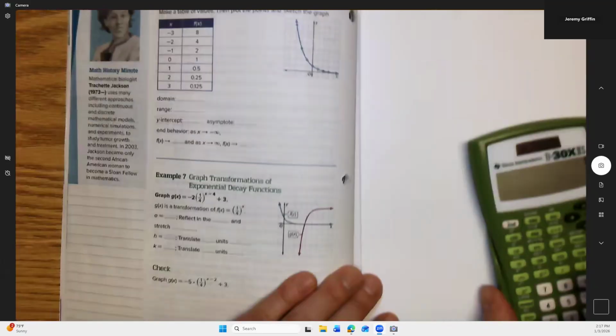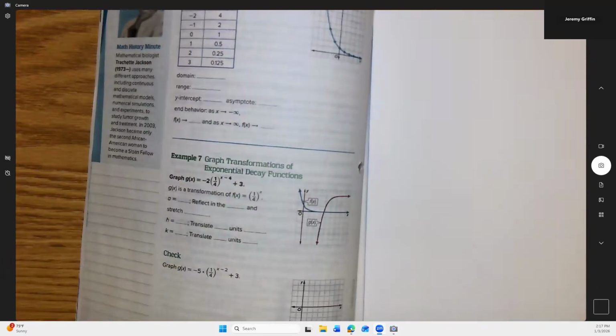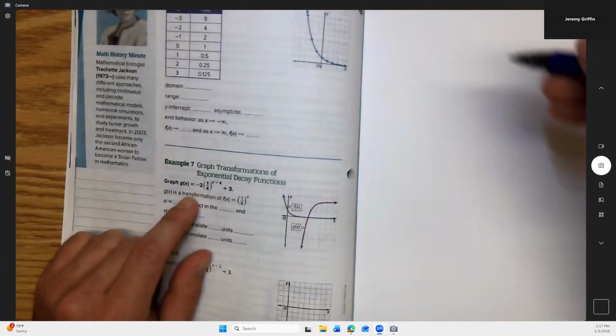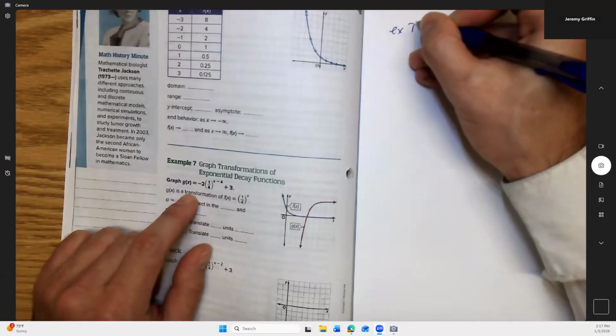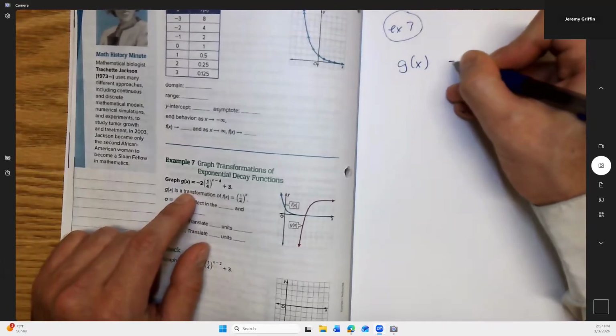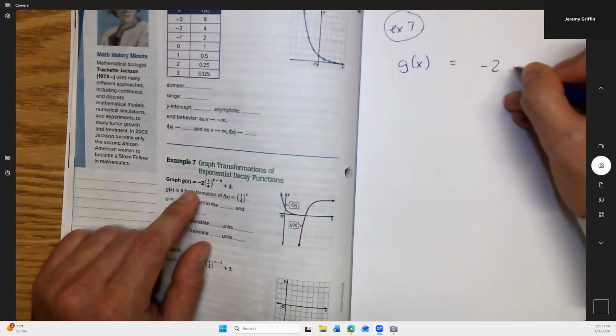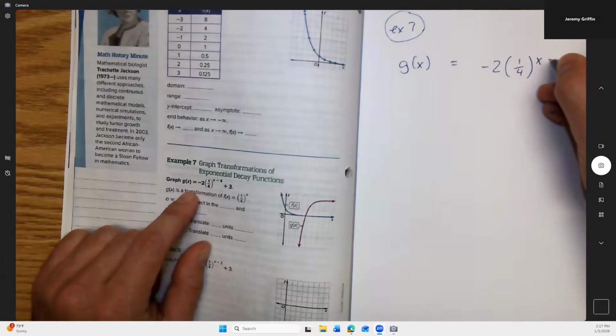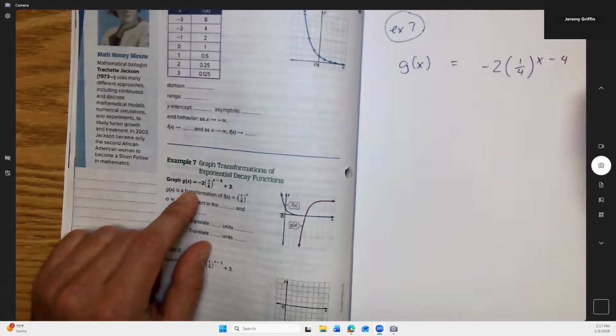And then example 7, graph transformations of exponential decay. Example 7 gives us g of x is -2 times 1/4 to the power of x minus 4, and the whole thing is plus 3.